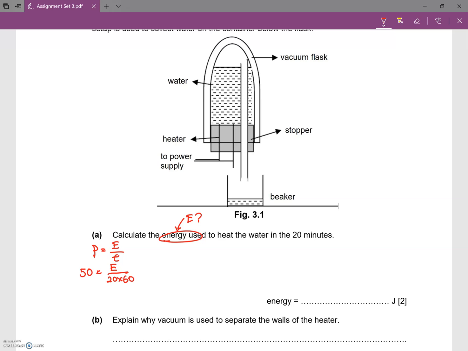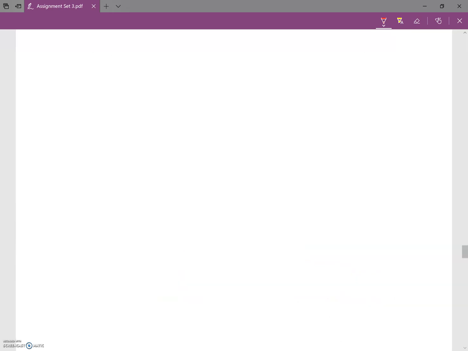So 50 multiplied by 20 multiplied by 60 equals the energy that I want to calculate. So E equals, if you press the calculator, 60,000 joules.